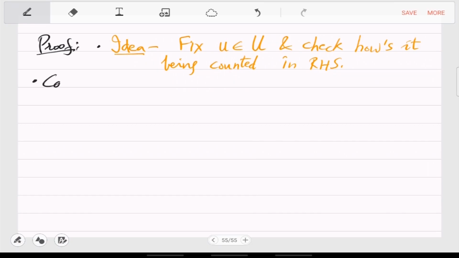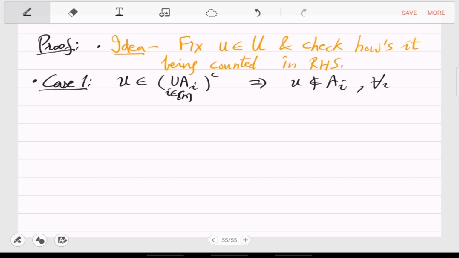So case 1 is simple, which is: suppose u is in the complement of the union of the A sub i's. If this is the case, then can small u be in any of the A sub i's? It cannot be. So this means that small u is not in A sub i for all i.